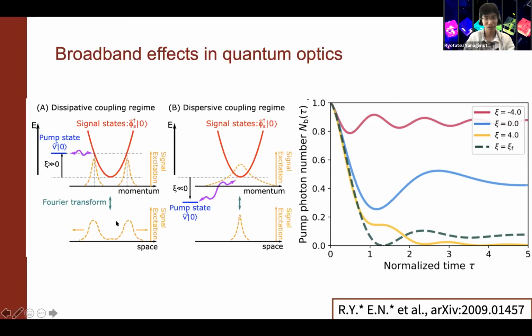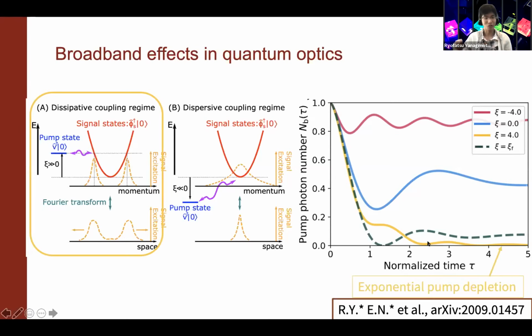And in real space, it corresponds to two wave packets moving away from each other. And because this interaction is dissipative, if you look at the pump photon population, it decays exponentially. It's like we have a qubit that is coupled to the vacuum with a continuum of modes, and it's dissipating into the vacuum.